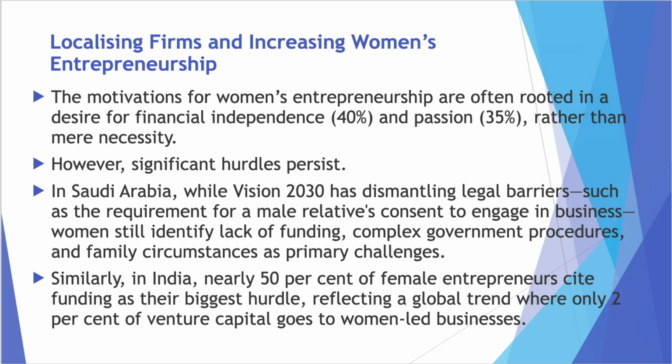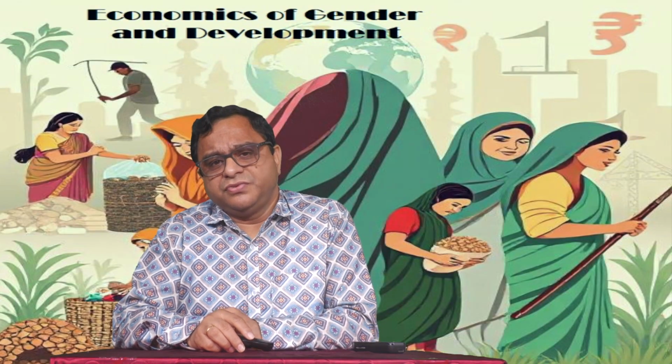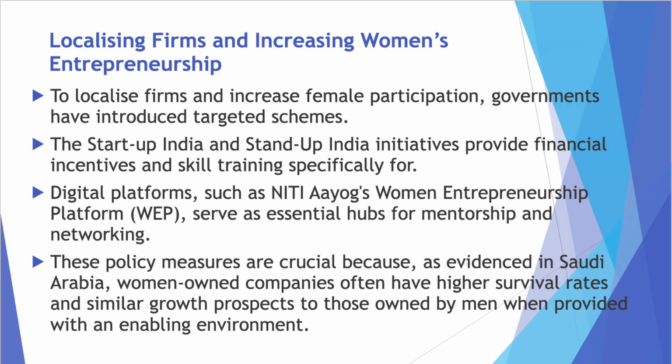Similarly, in India, nearly 50% of female entrepreneurs cite funding as their biggest hurdle, reflecting a global trend where only 2% of venture capital goes to women-led businesses. So, to localize firms and increase female participation, governments have introduced targeted schemes.